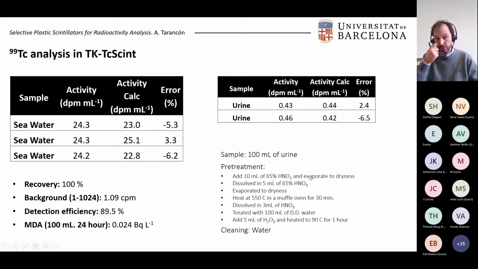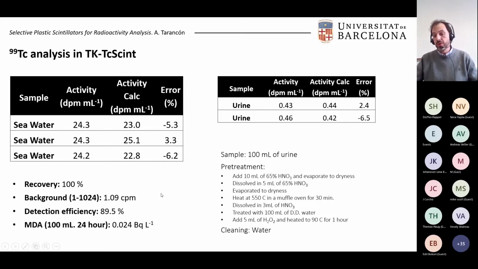So here you have the data for both samples. In this case, 100 milliliters of urine or 100 milliliters of water. So 100% recovery, very low background, and detection limit around 0.024 becquerels per liter, which is quite low for a 24-hour measurement. So this is the main application, the analysis of technetium 99.